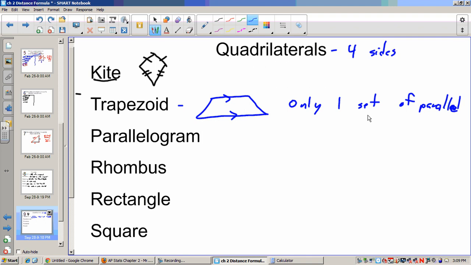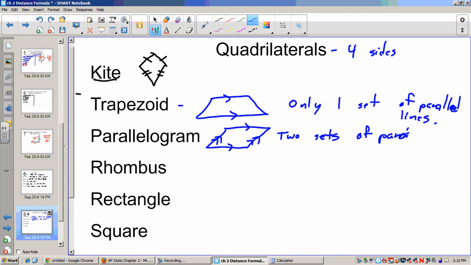Whereas a parallelogram is something where there are two sets of parallel lines. Having trouble with the word parallel here today. All right, rhombus.